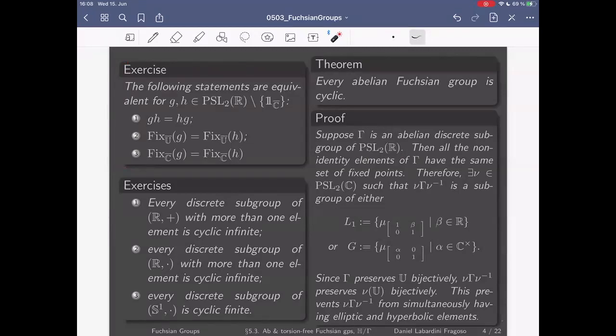And then you can conjugate your subgroup of PSL2R by a general element in PSL2C, such that the image under conjugation is a subgroup of either of these two groups.